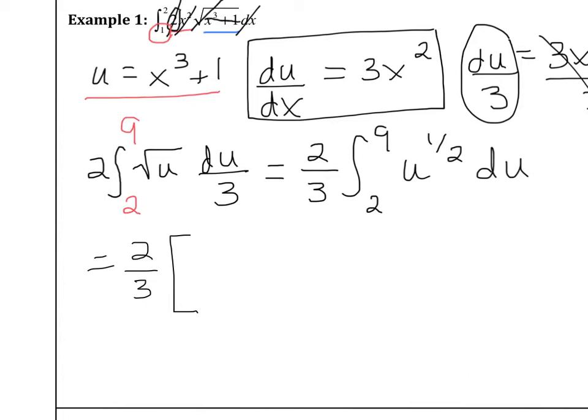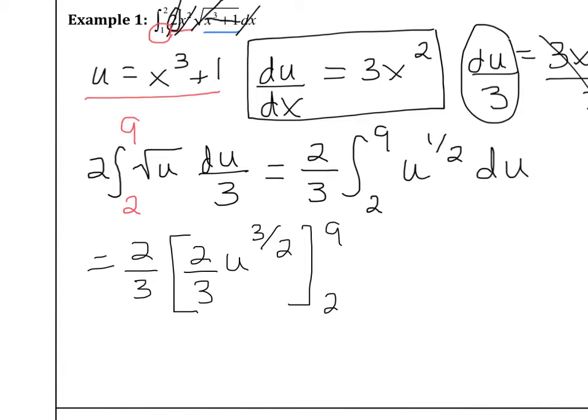U to the 1/2, when I reverse power rule, will become u to the 3/2 over 3/2, which actually means times 2/3. Oh, we were so close to having those cancel. Oh well. All right, and then evaluated between 2 and 9.